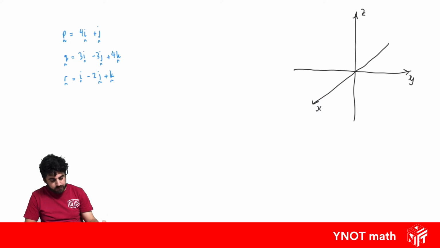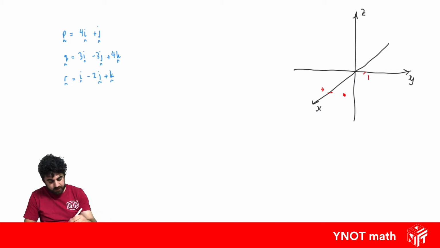So 4i plus j, that's just going to be moving along the x-axis 4 units and then y-axis 1 unit in the positive direction. So this vector will end up maybe somewhere here, where this distance was 4 and this distance was 1.